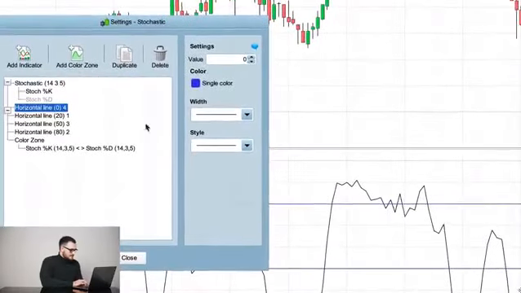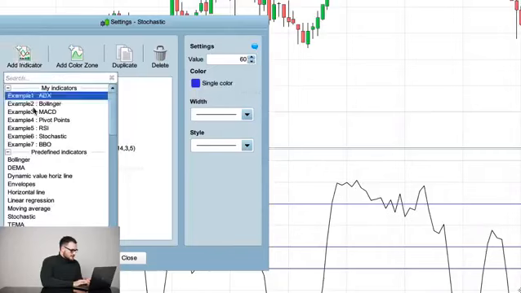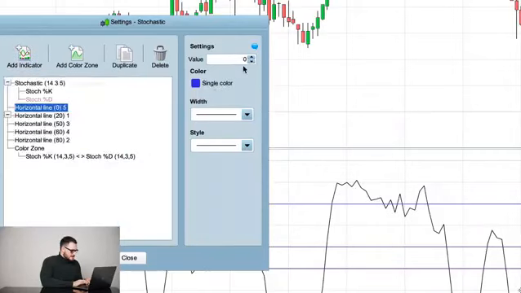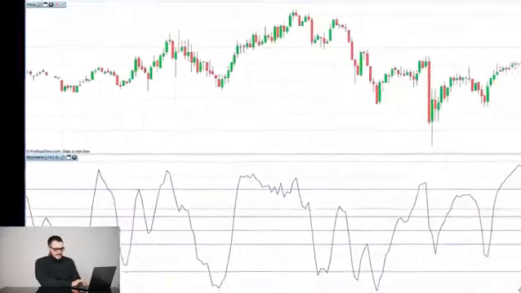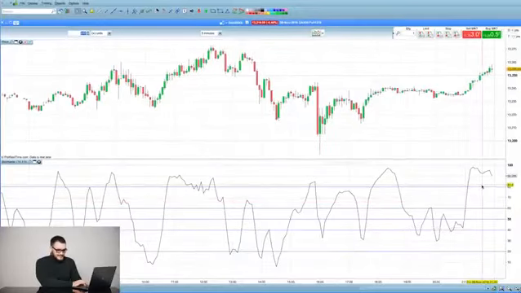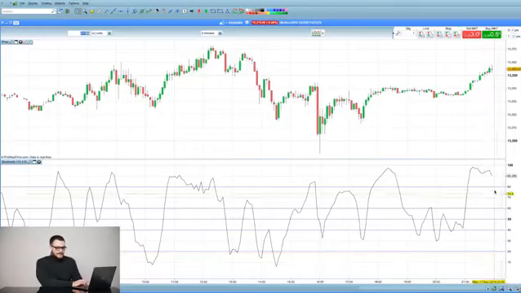Let's add the 60. And let's add the 40. These are the lines that I like seeing in my stochastic. So the 80, 60, 50, 40, and 20.